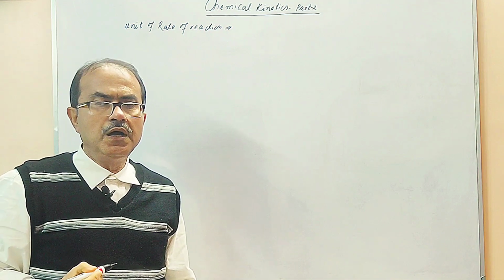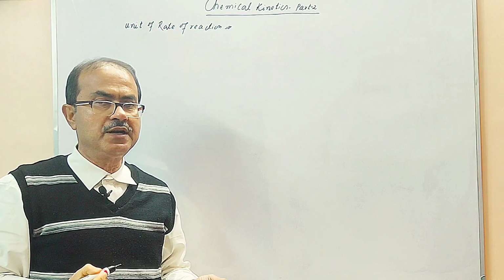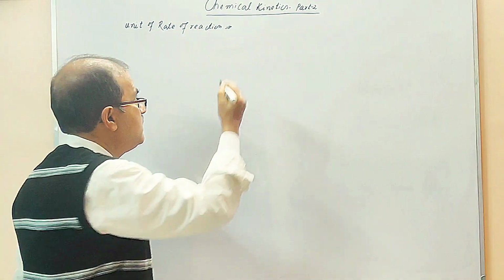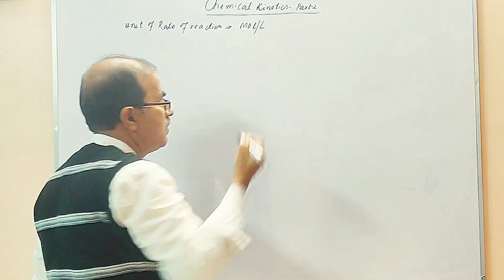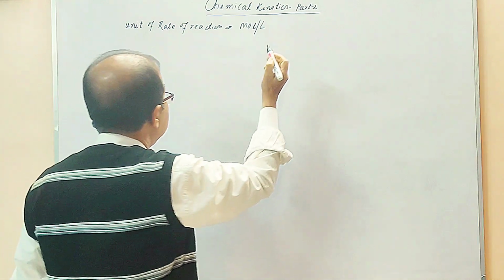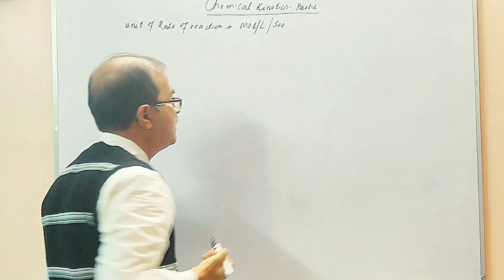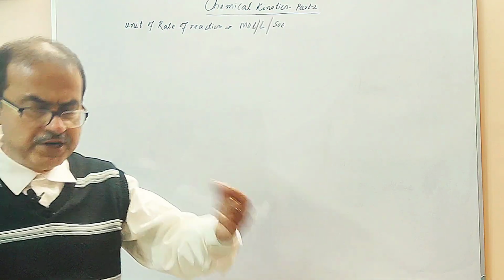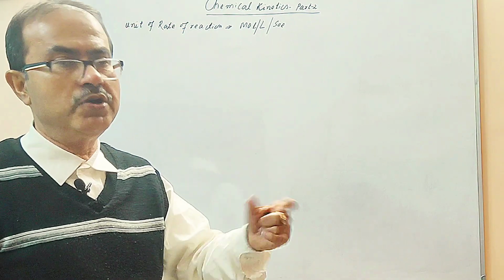Basically, that depends on the unit in which we are going to represent the concentration. As a convention, the concentration is represented in mole per liter, meaning the number of moles present in 1 liter of the solution. So the unit is mole per liter per second, if the reactant or the product is solid or liquid.